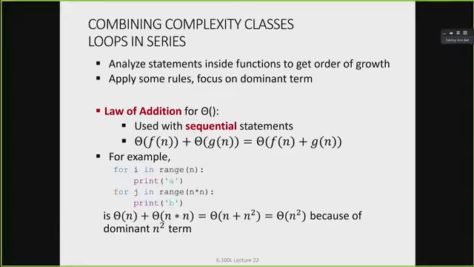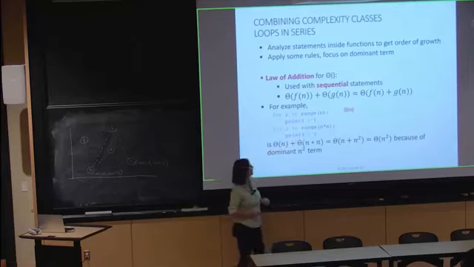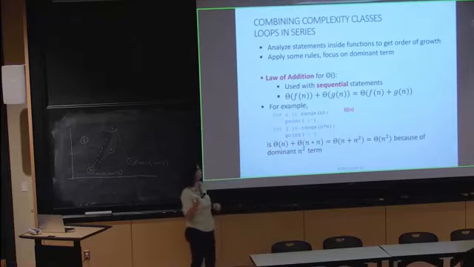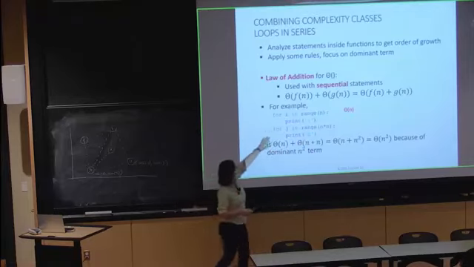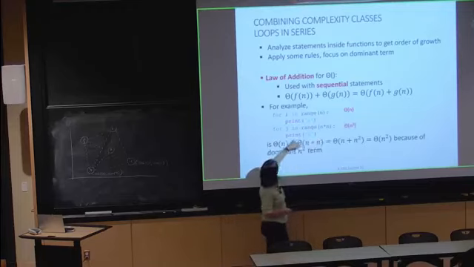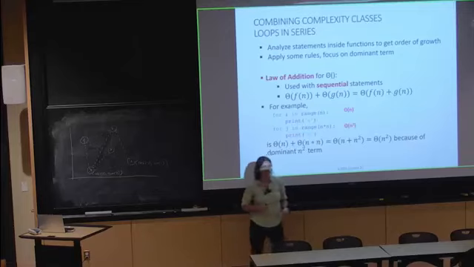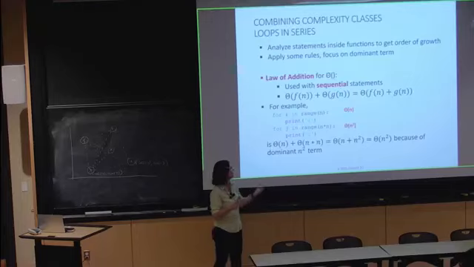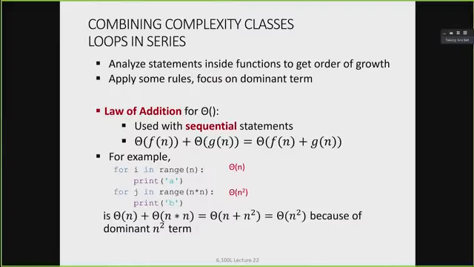So the first for loop here is theta of n, because it depends on parameter n. And the next for loop here is theta of n squared, right? Because the parameter here is n times n. The stuff inside the for loops is constant, so it doesn't contribute anything to our thetas, right? There are no more things to multiply the complexity there.